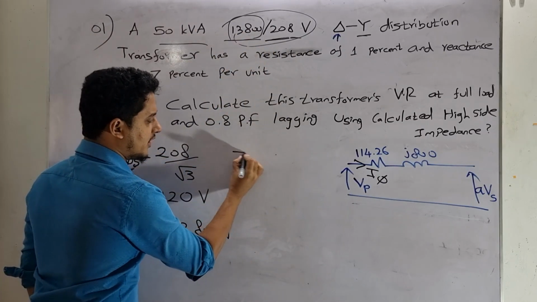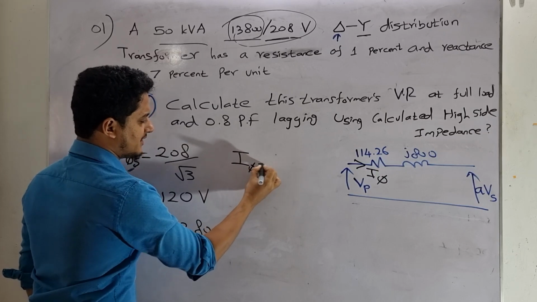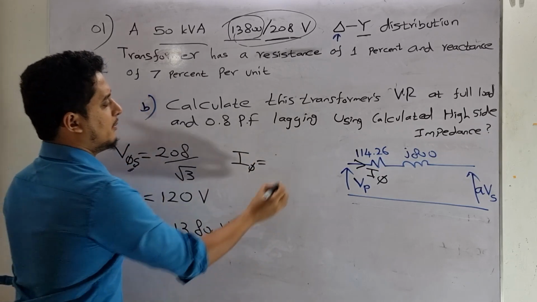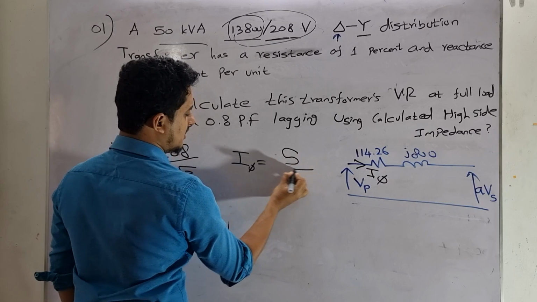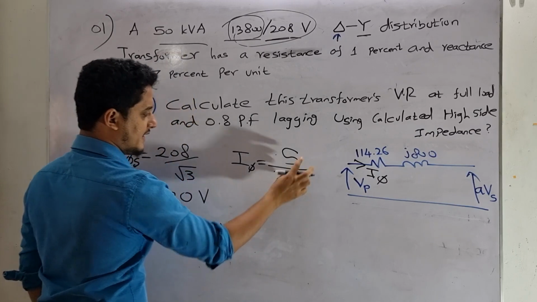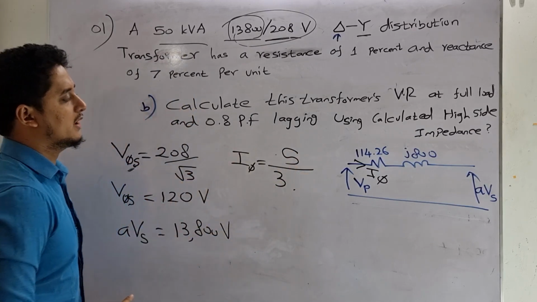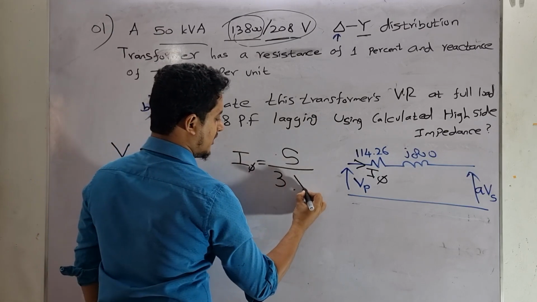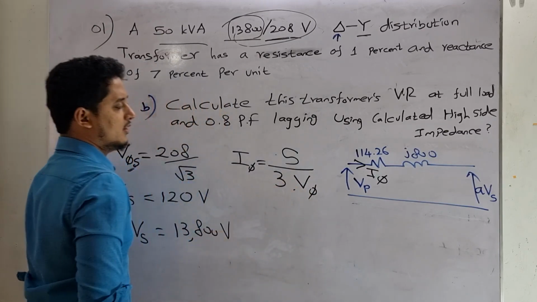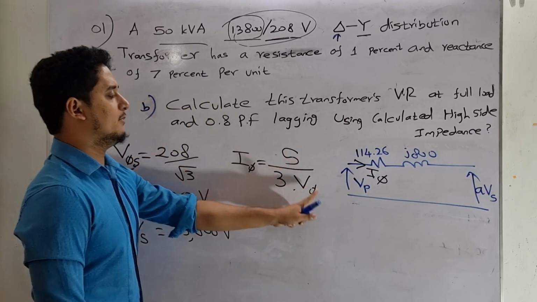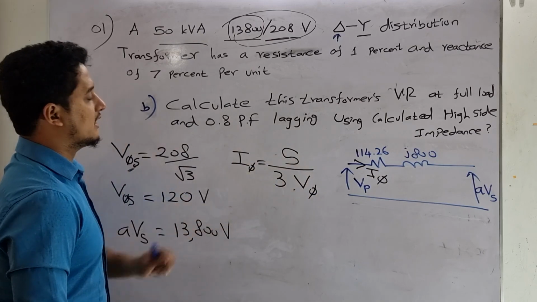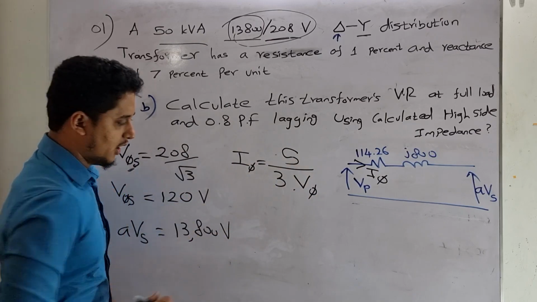So therefore, phase current is equal to apparent power for one phase, S by 3, divided by phase voltage. So power is divided by phase voltage, then we can calculate the phase current.